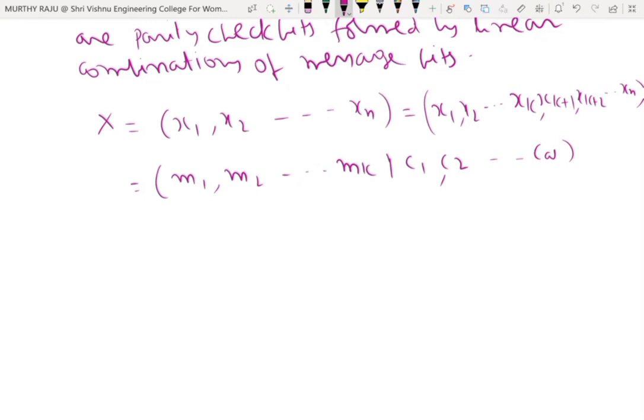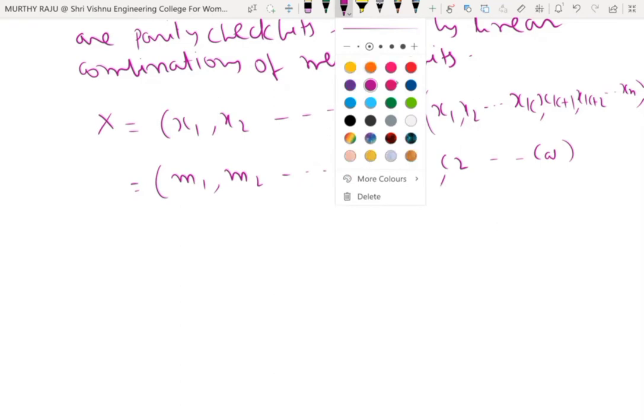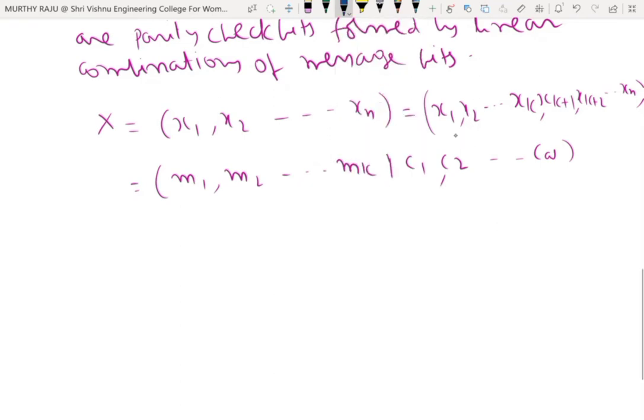The first k bits of the encoded code word are message bits, which means from x1 to xk.